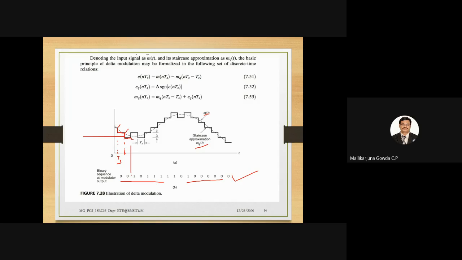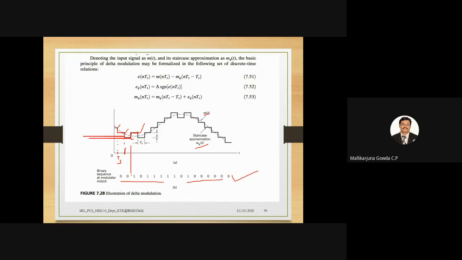At this point of time, what is now happening? The staircase approximated signal is less than the analog signal, so now it will be incremented by delta. Till the next Ts it will be constant. At 4Ts, at this point of time, it will compare.